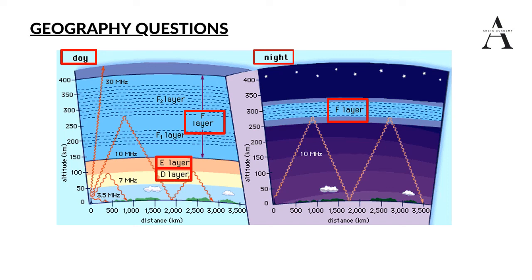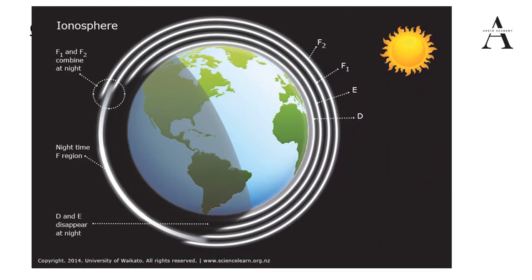You can also understand it with the help of this diagram. The D, E and F layers are available during the daytime, but D and E disappear at night, and F1 and F2 also combine during the night time. These were the points I wanted to tell you from the exam point of view.